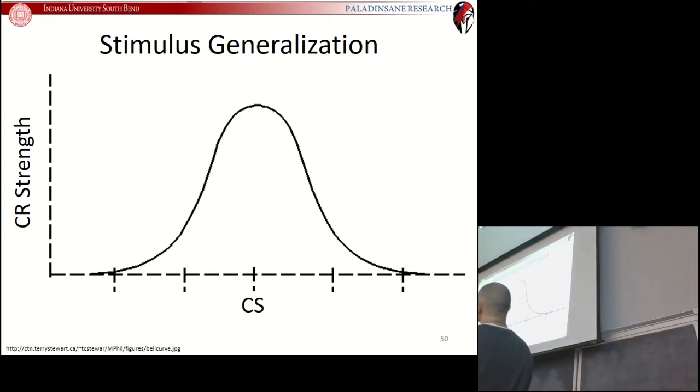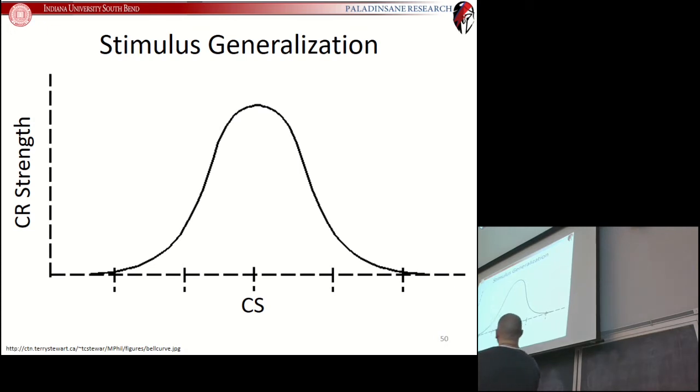So on the y-axis here, we have conditioned response strength. So this is how strong the conditioned response is. You can think of this as how many milliliters of saliva the dog salivated. This is the conditioned stimulus. This is what the organism was trained on. This is what the organism was classically conditioned with.